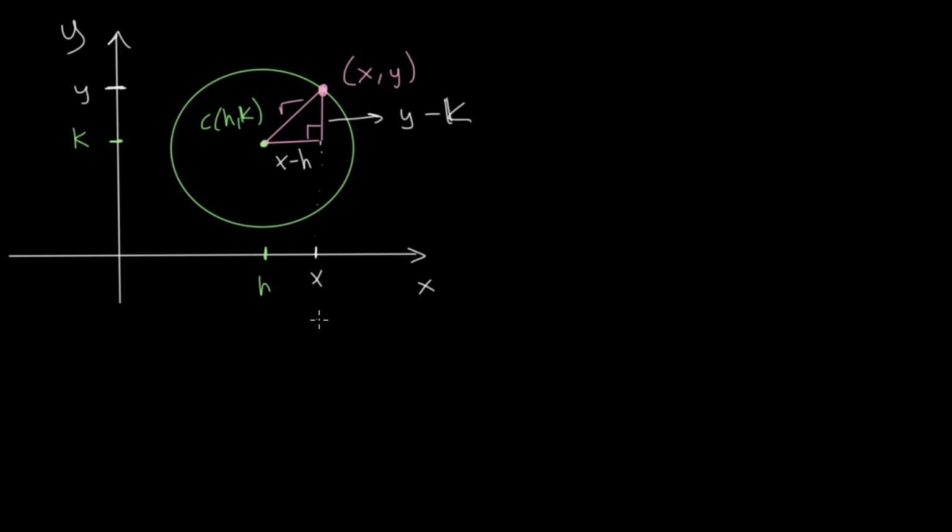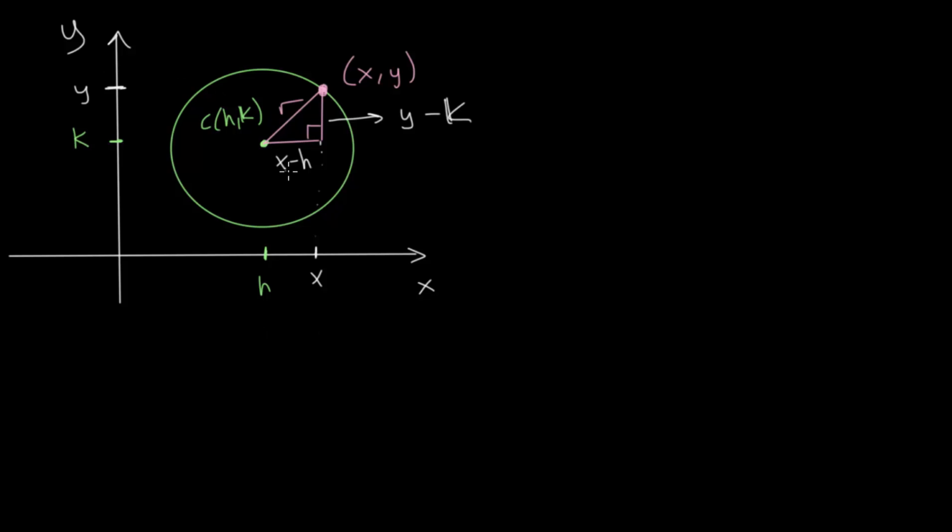Since again, just think about numbers if this doesn't make sense. If this was 9 and this was 4, and it's not drawn to scale, but just imagine, then the difference between these is just 5. There are 5 units between these. Or you can take the larger one and subtract the smaller one. So x minus h, or 9 minus 4, to get 5.